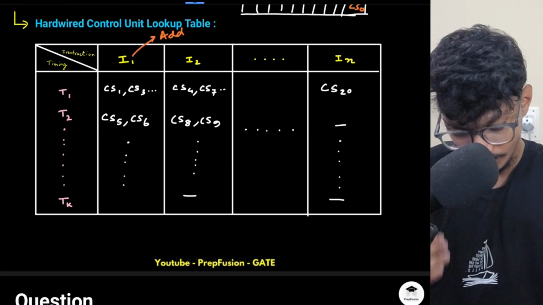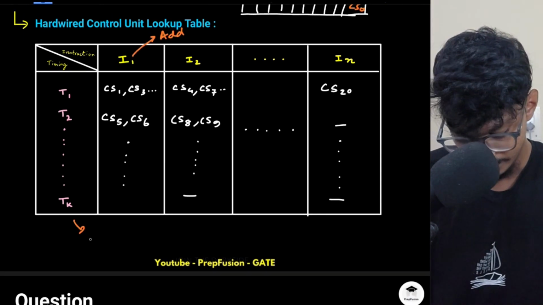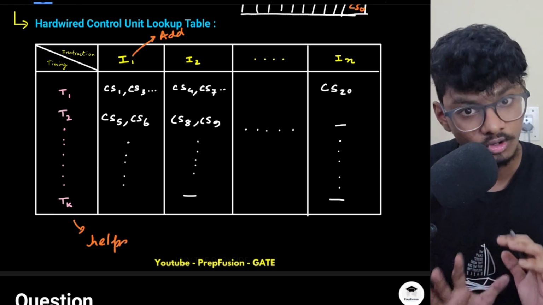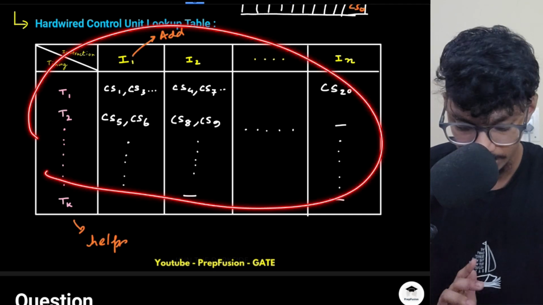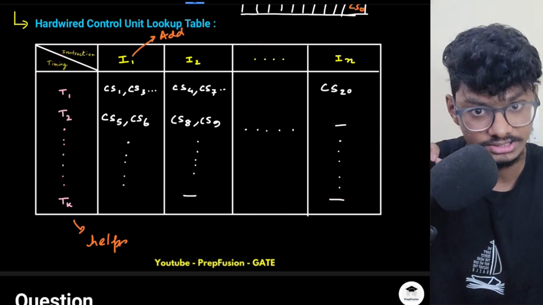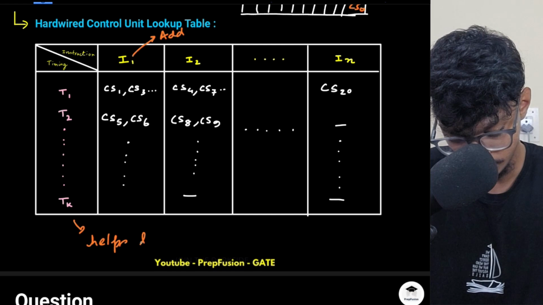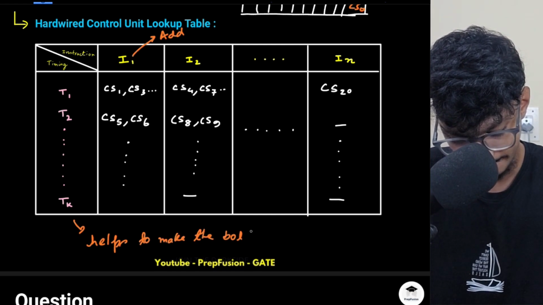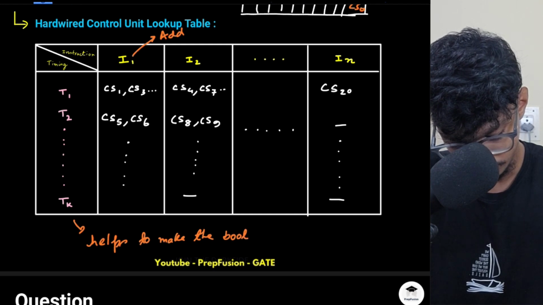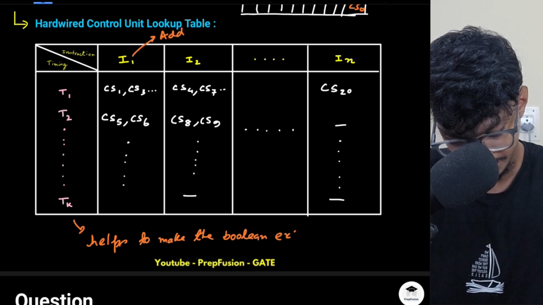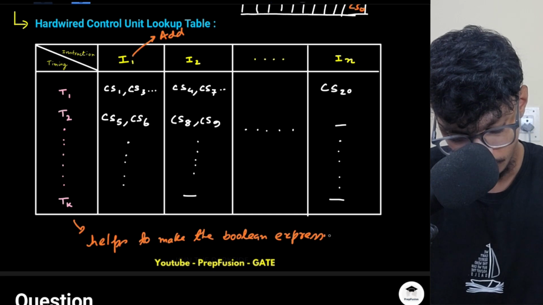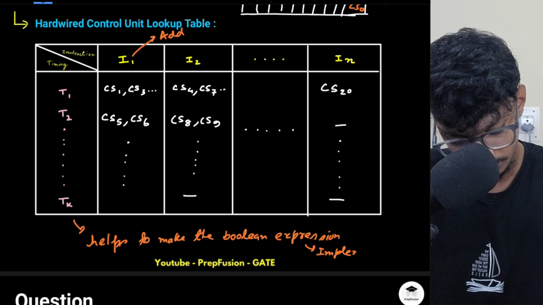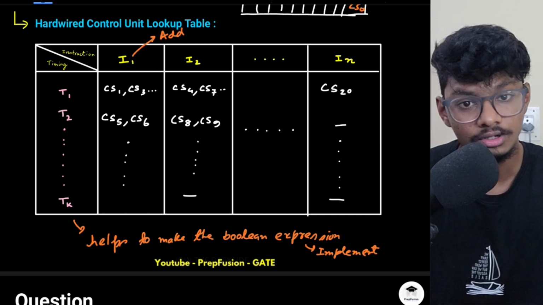Okay, so this helps. First the designer makes this lookup table, then he makes the Boolean expression, and then that Boolean expression is used to implement the circuit using logic gates.